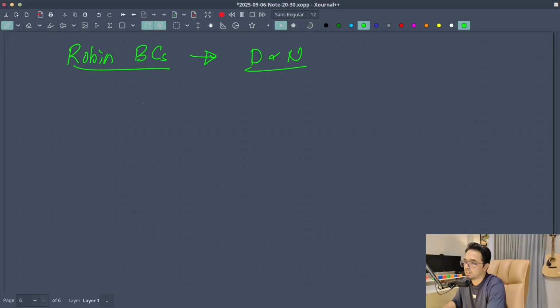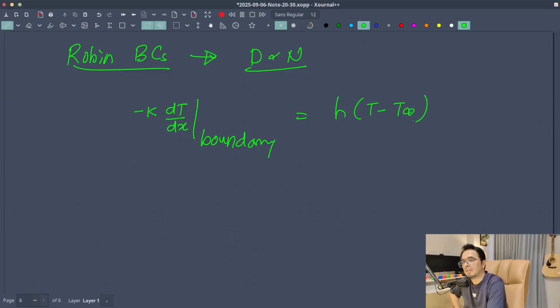So the idea here would be, if I have to represent in its simplest form, to equate the flux at the boundary is equal to the convection or any other phenomena that is happening at the boundary.